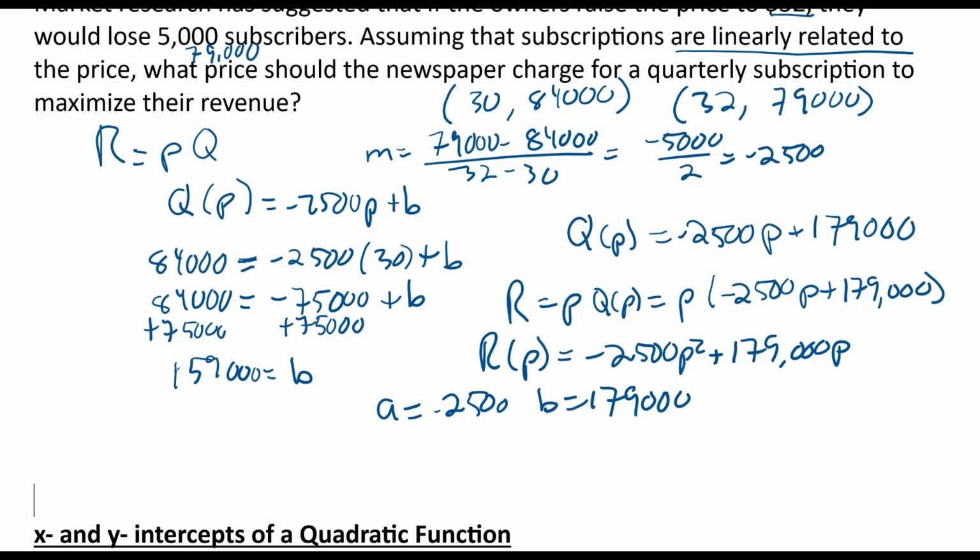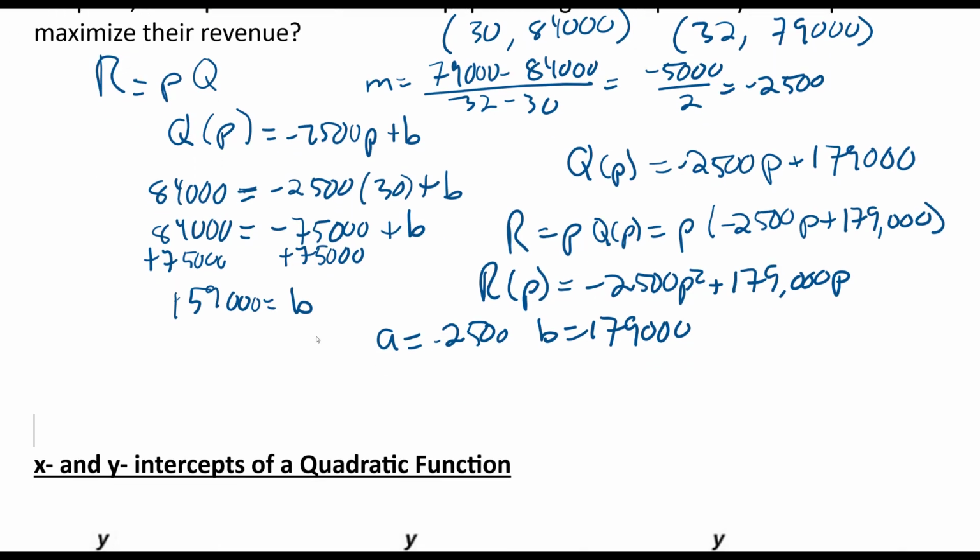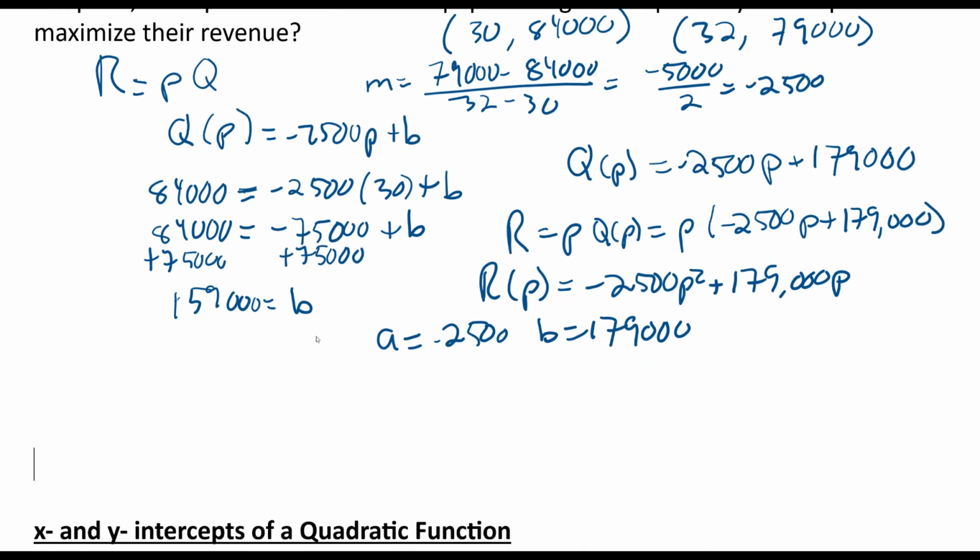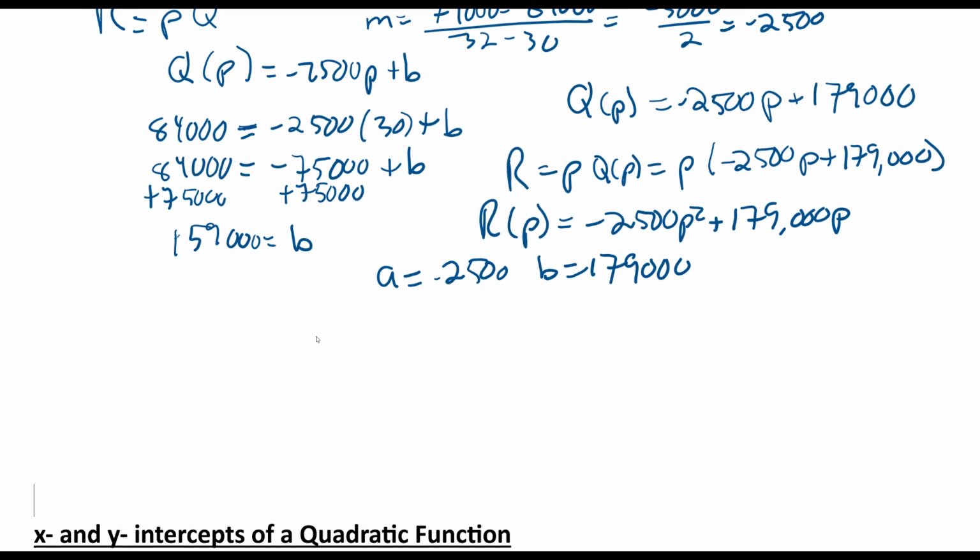So when we're looking for the vertex, for the price to give us the best revenue, it's going to be P equals negative B over 2A, or negative 179,000 over 2 times negative 2,500.